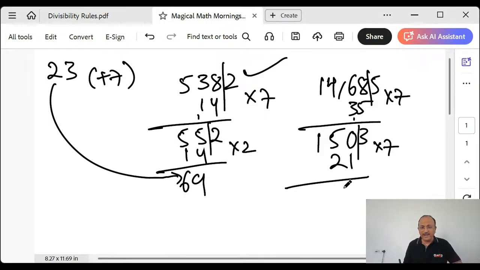You will add it. 171. Still, if you don't know the table of 23, we do times 7 again. 7 ones are 7. 17 plus 7 is 24. No, it's not divisible by 23. 23 ones are 23. Do you know what will be the remainder if you divide this number by 23?